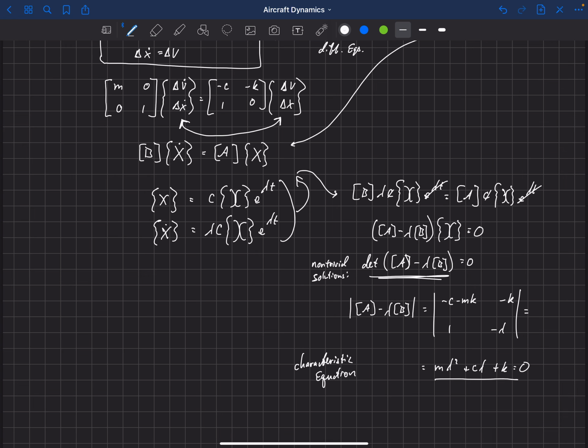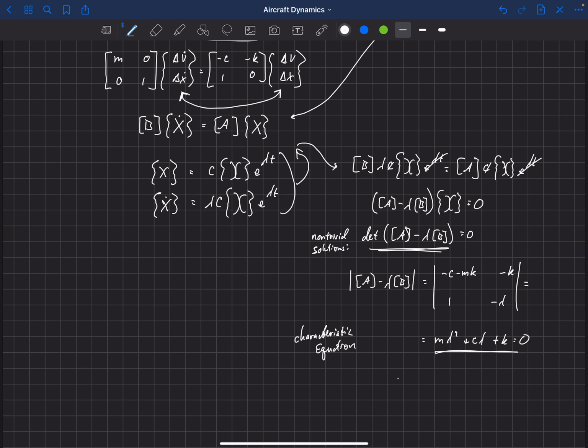So I can solve for the eigenvalues just using the quadratic formula. And those eigenvalues will be minus c plus or minus the square root of c squared minus 4mk, over 2m. Okay, so these are the eigenvalues.